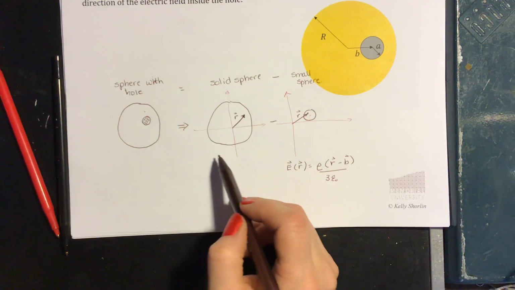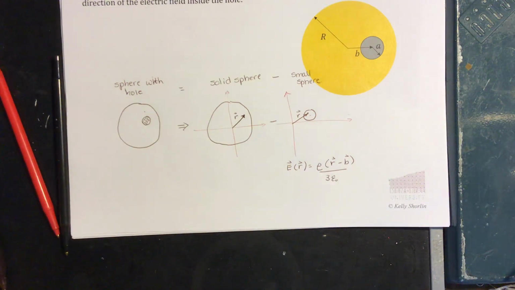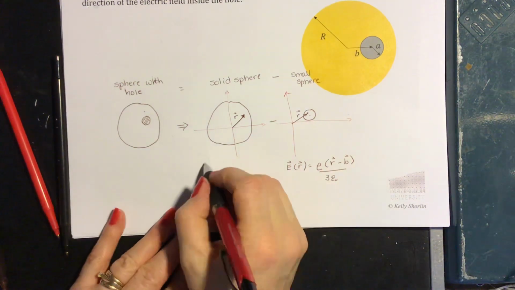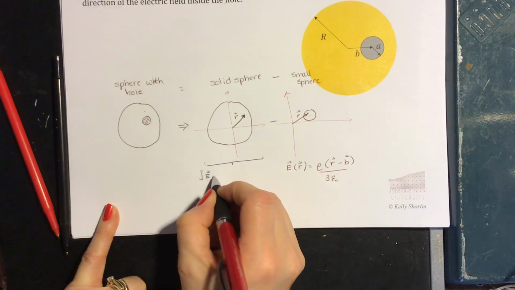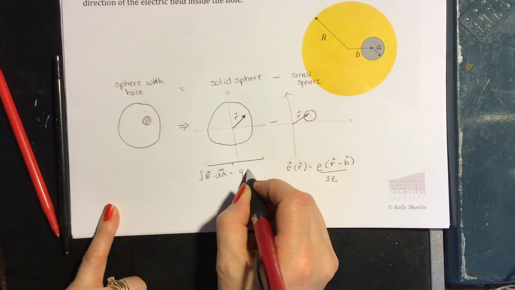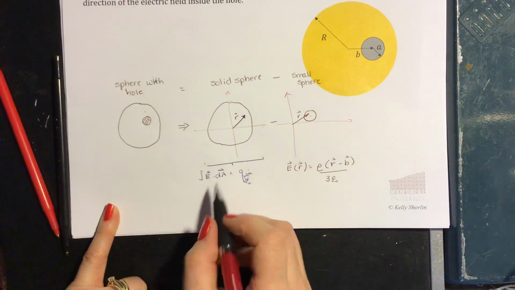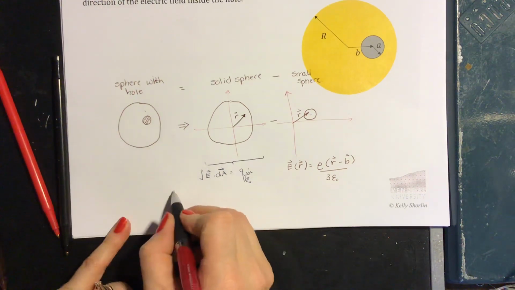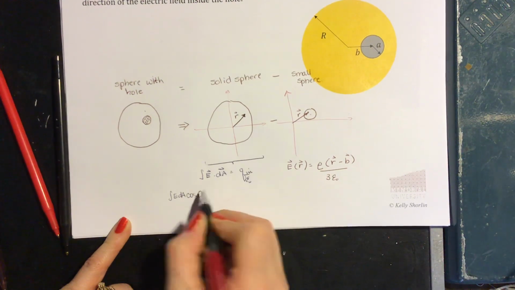It's going to be a lot like what we did in the previous problem, but let's go through the steps anyway. So we'll write our Gauss's law. The integral of E dot dA is equal to Q inside over epsilon naught. So this is the integral of E times dA times cosine of 0. Our Gaussian surface is a sphere with radius r.